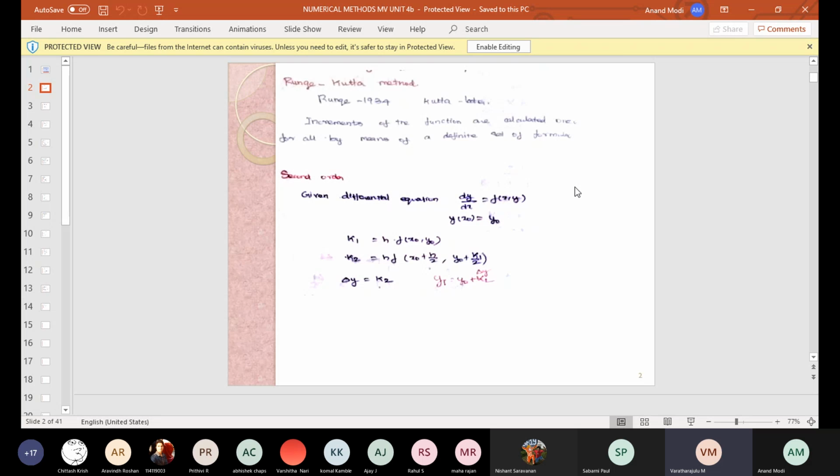In general, there are several solving procedures available for differential equations: Taylor series, modified Euler method, Runge-Kutta method, Milne's predictor-corrector method, Adams-Bashforth method, and Picard method. Our syllabus is constrained to the Euler method and Runge-Kutta method.